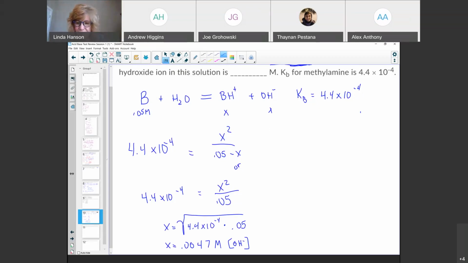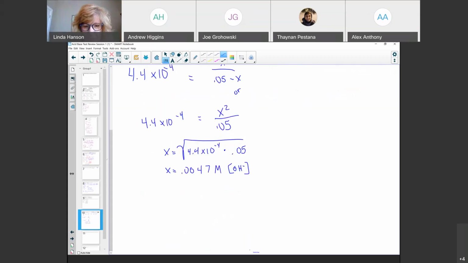Good work. Any other problems? Let's see. Yep, that's pretty straightforward. So I just did square root of 4.4 e negative 4 times 0.05, just answering a question I see in the chat. I cross multiplied and then took the square root to find x.